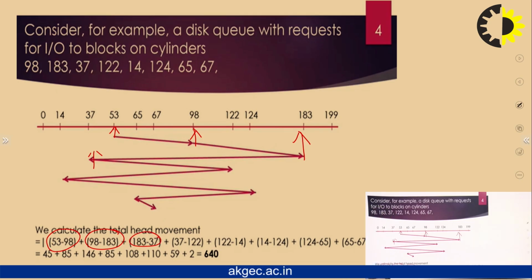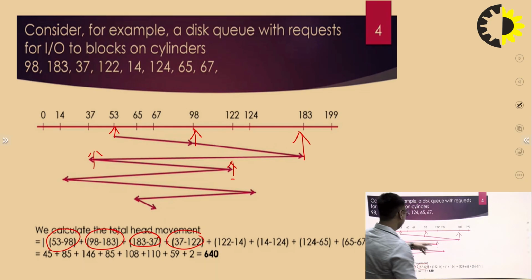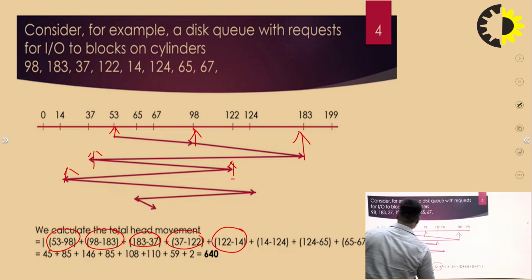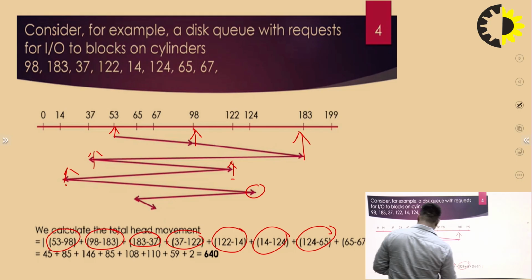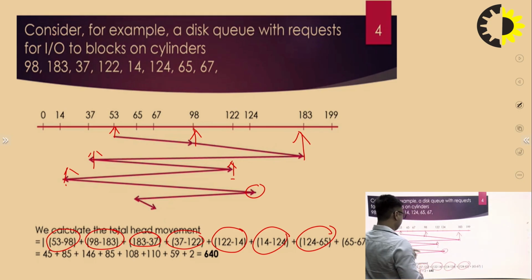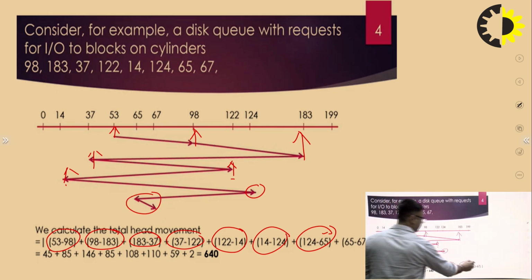Again the next is 122, then 14, then 124, then 65, then 67.